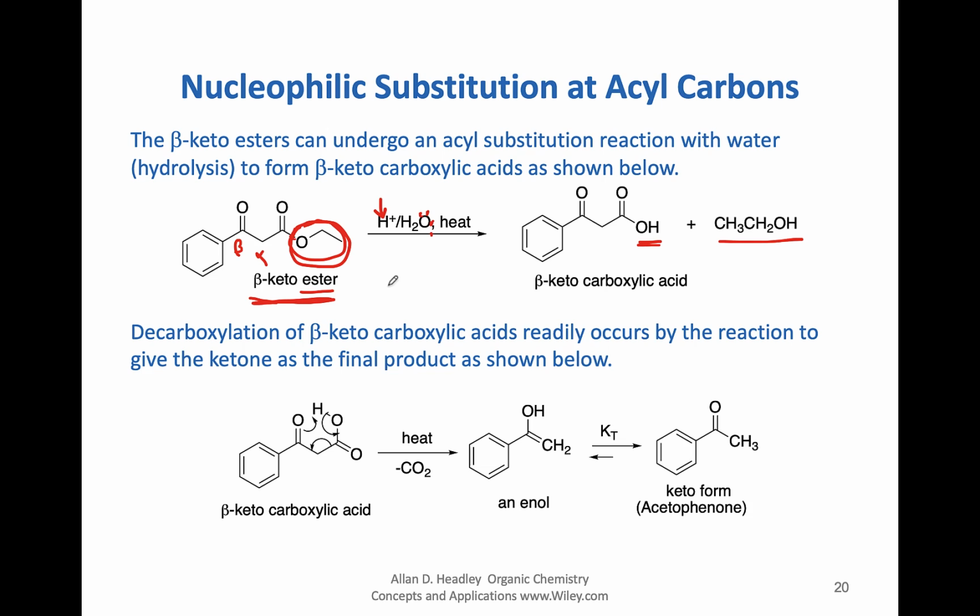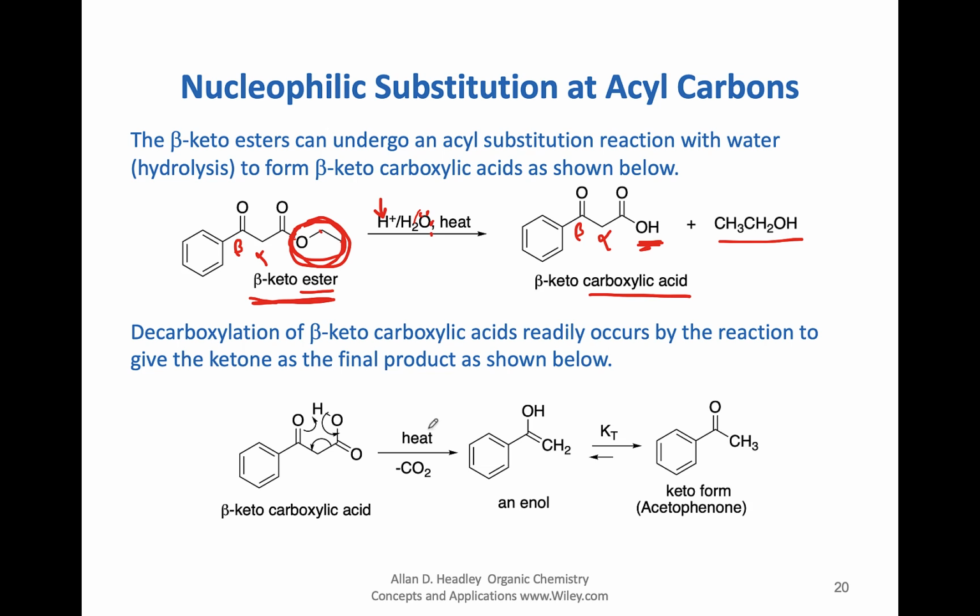So this is another substitution reaction, hydrolysis, where we have substituted the OC2H5 with the OH from water. This molecule is called, as you can imagine, a beta keto carboxylic acid, alpha and beta keto.